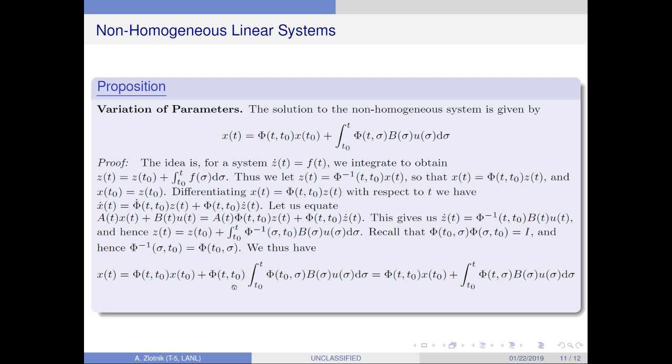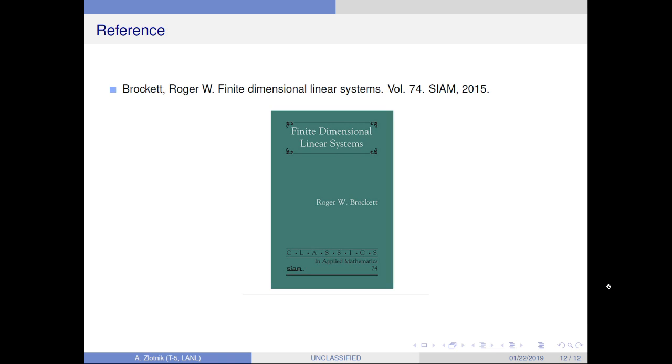And we can actually bring this fundamental matrix inside the integral, since it's independent of sigma, and this gives us the final expression. So that is the variation of parameters formula in linear control systems, the general solution to non-homogeneous linear equations.